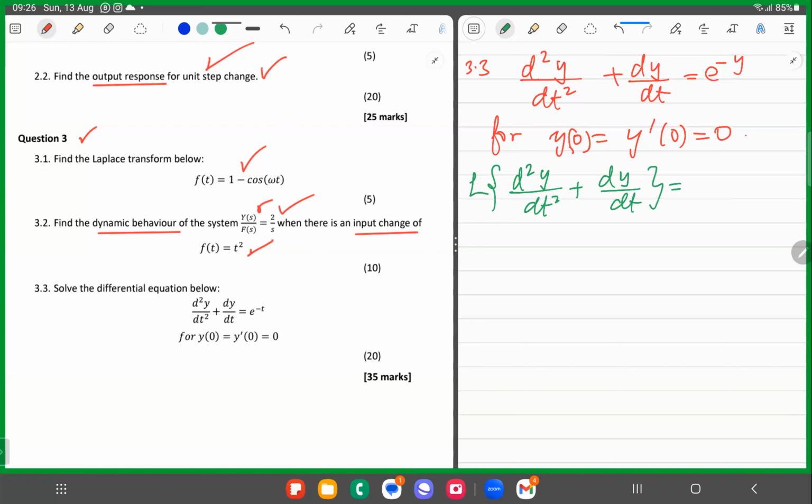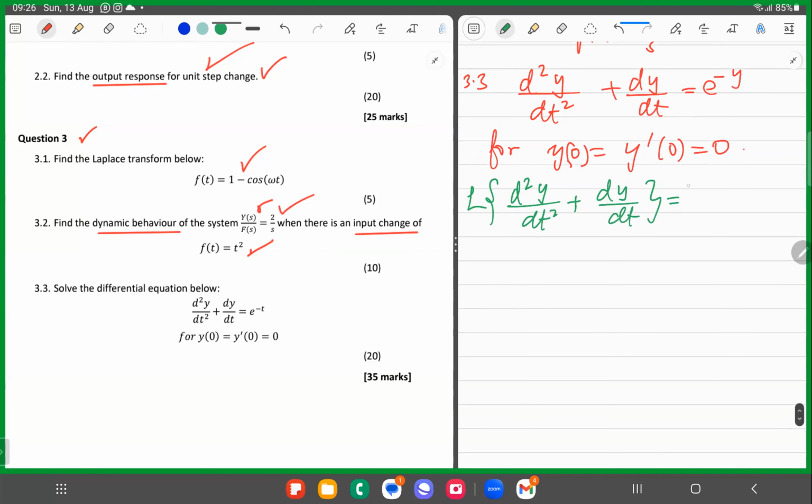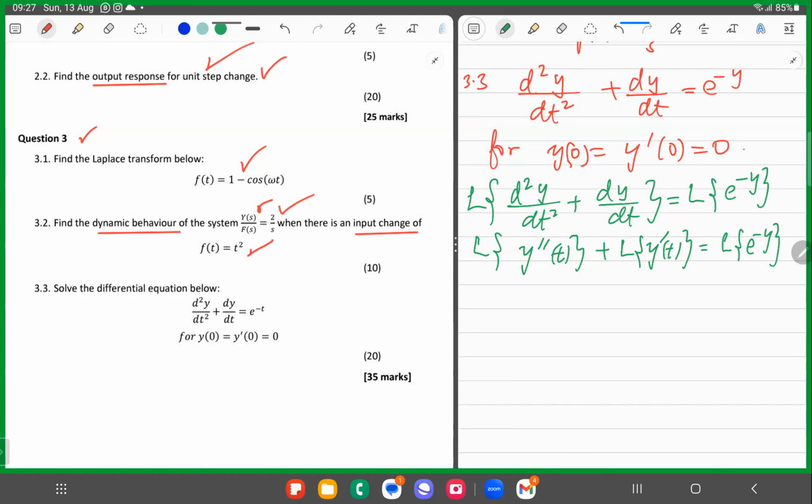We have taken L of the left-hand side, and now we take the Laplace transform of the right-hand side. Okay. Now this here can be seen as the Laplace transform of y of t double prime plus the Laplace transform of the single prime of y of t, and then the Laplace transform of e to the minus t.